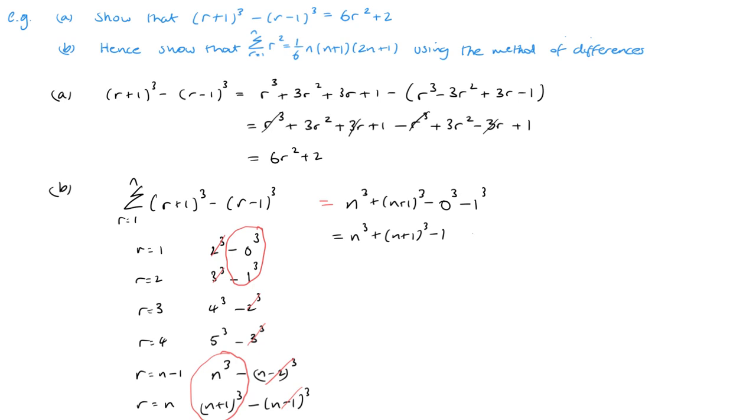So this then equals the sum of 6r squared plus 2. So if I want the sum of r squared, that'll be 6 times the sum of r squared. Now if I take this 2 to the other side, at the moment it's going to be plus the sum of 2. So that's what we've got.